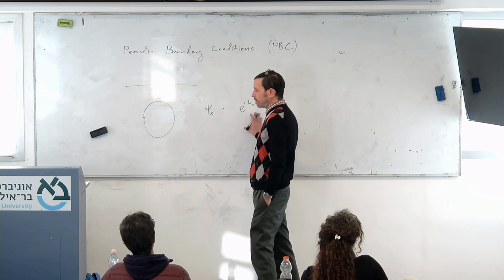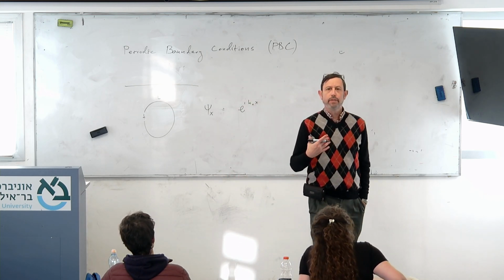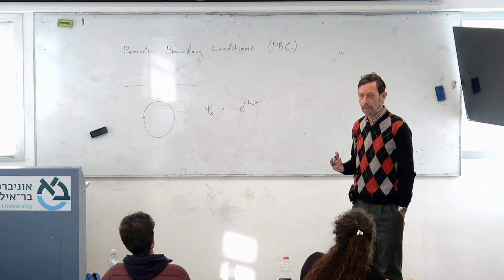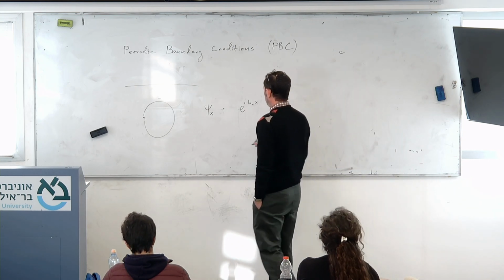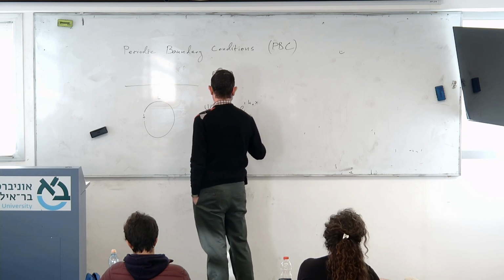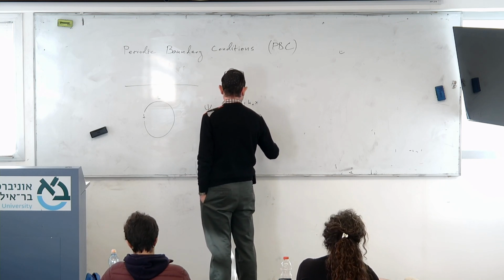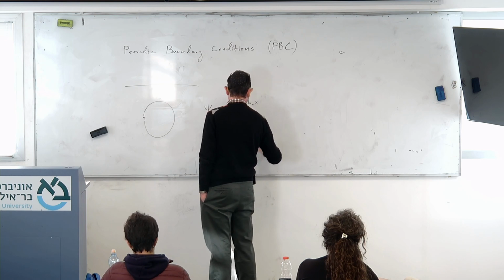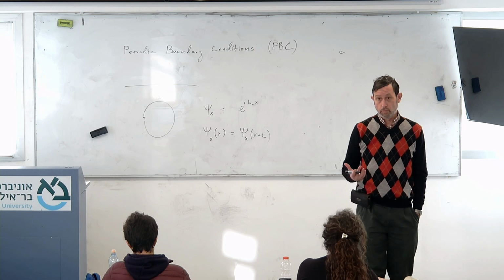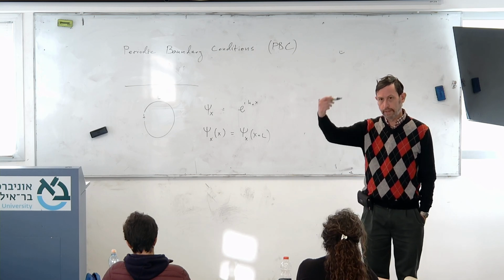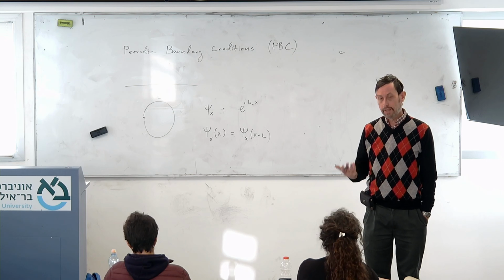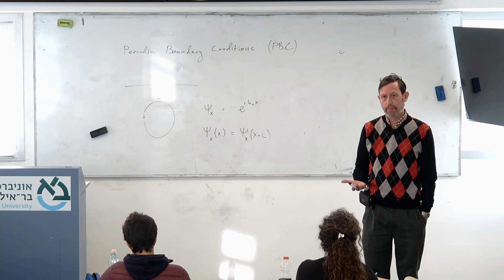So what are the boundary conditions that I have with periodic boundary conditions? I have to require that, because if I move in my ring and go a distance of L, I return to the same point. It's the same point, I should see the same amplitude.